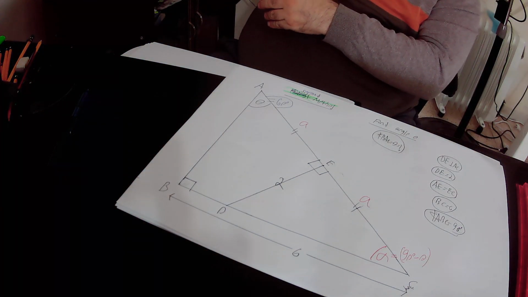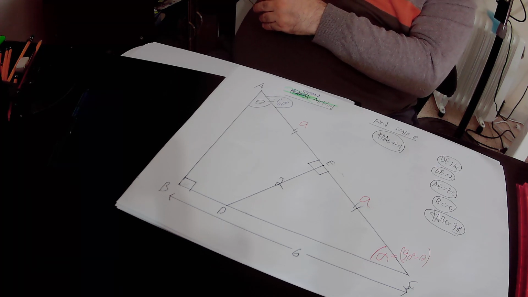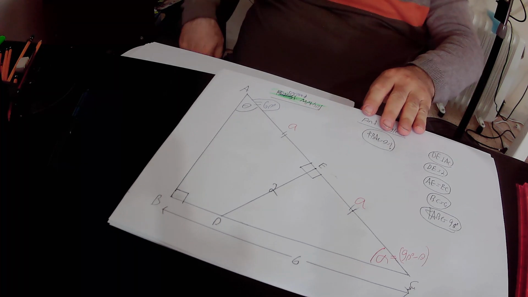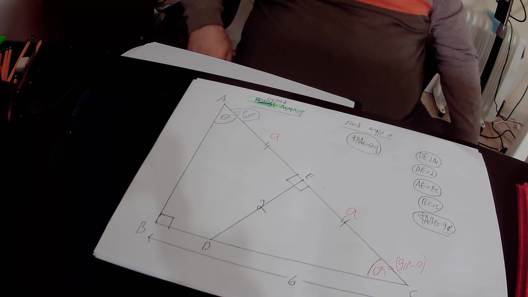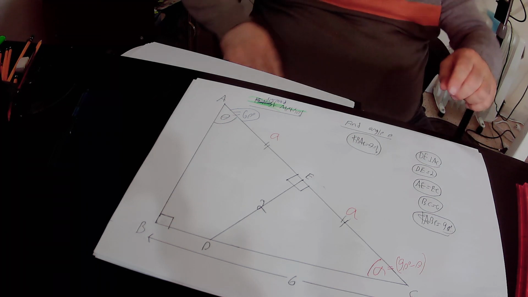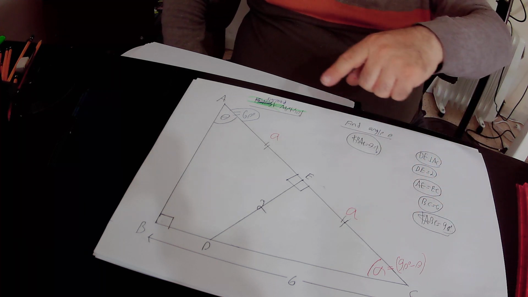Then I presented to you how to find the size of angle theta according to the second method. In the second method, we define this angle as alpha.